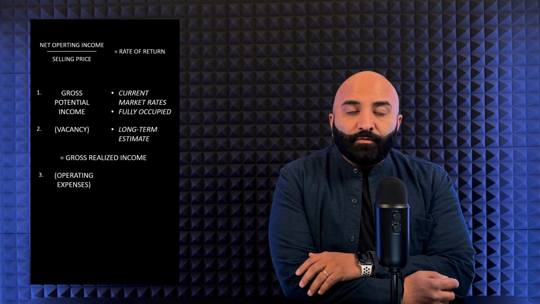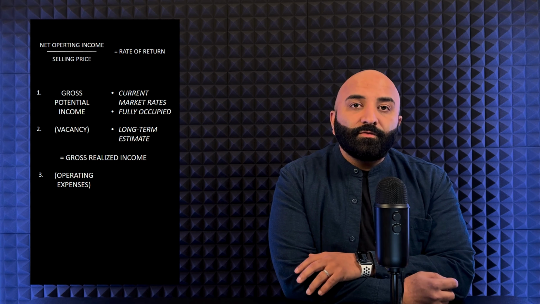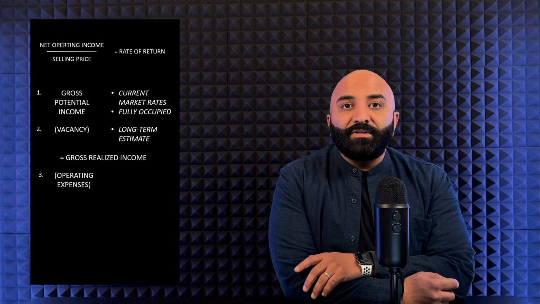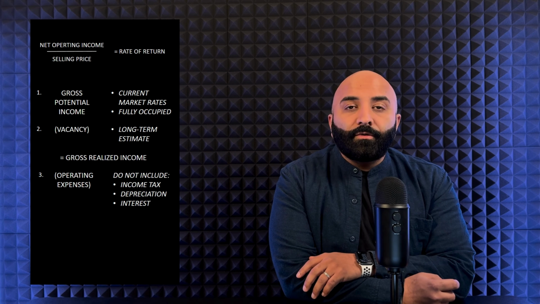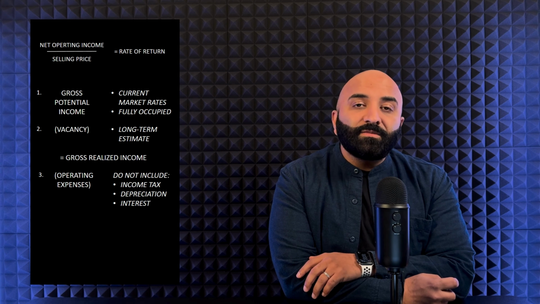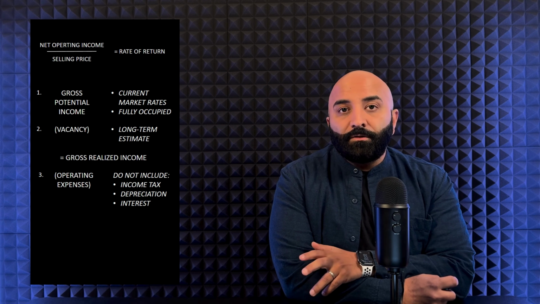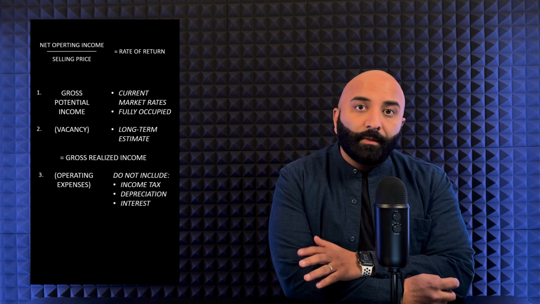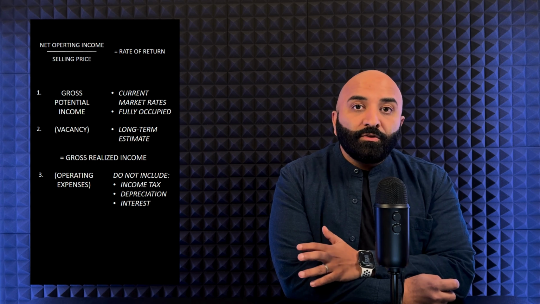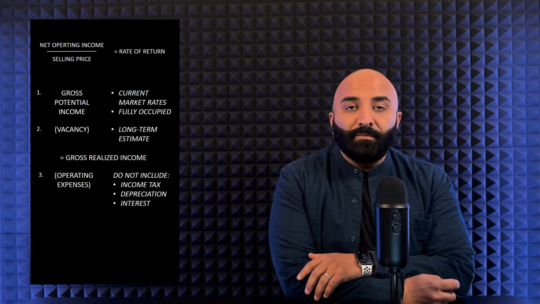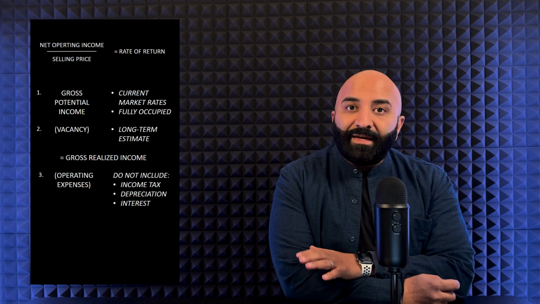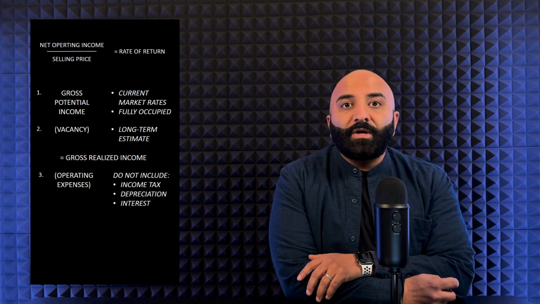When we're looking at running this building to figure out its return, I just want to know the costs of this building. So operating expenses do not include three very common costs that they might try to trap you with on this exam. They do not include income tax, because income tax is related to my global or full operations. They don't include depreciation, because that's not a real cost in the sense that it's costing me money, cash flow out the door. It's an estimate for the usage of these properties.